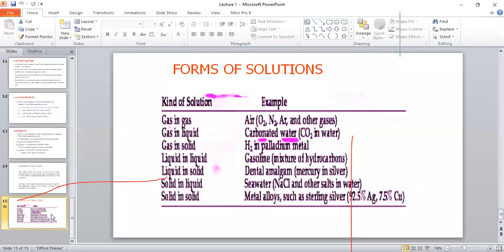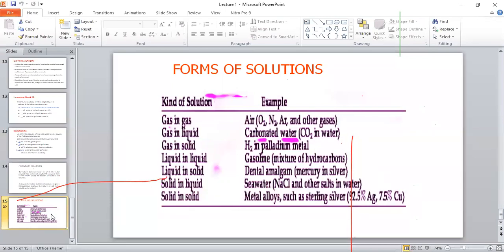That's what we mean by the state of the solvent determining the state of the solution.